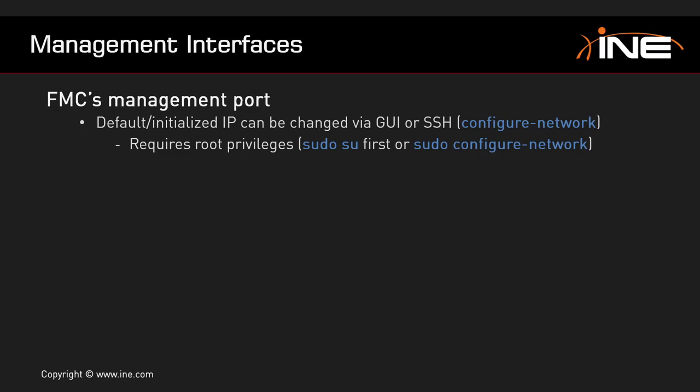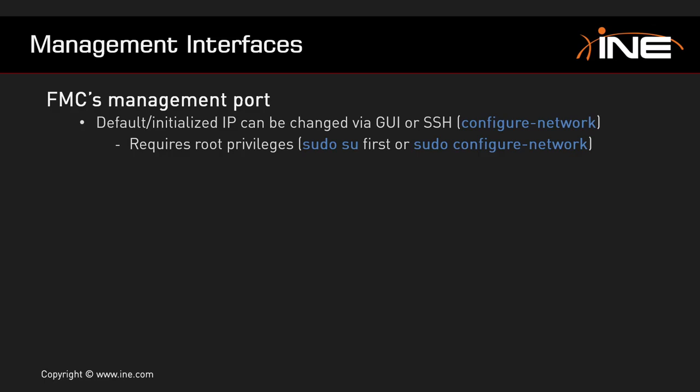So at some point when you finish the initial setup, the initialization of FMC, you will be able to connect to it using a browser, or you will be able to get to it using SSH, assuming that you allow for this during the initialization or just the installation.